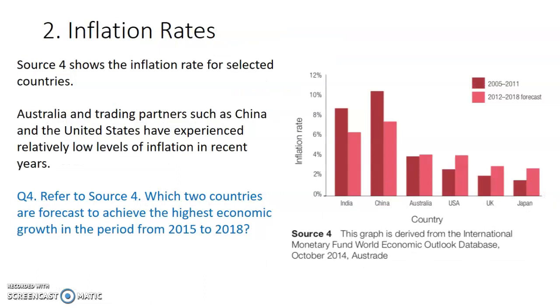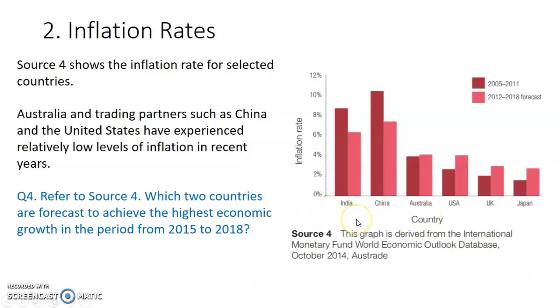Now inflation rates, again, we've covered all of this before. Australian trading partners such as China and United States have experienced relatively low levels of inflation in recent years. If you look at the graph on the right hand side, this is the inflation rate in countries.